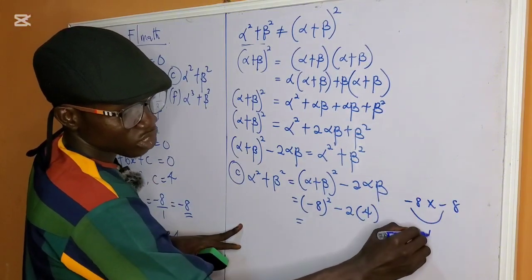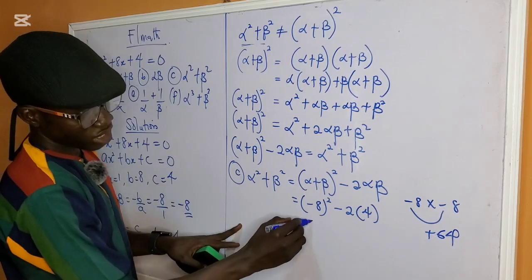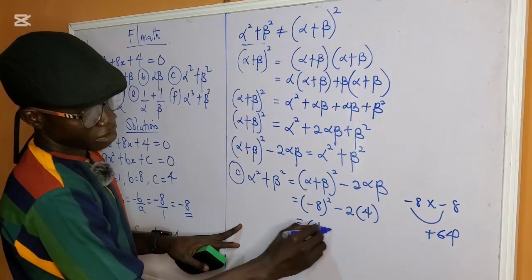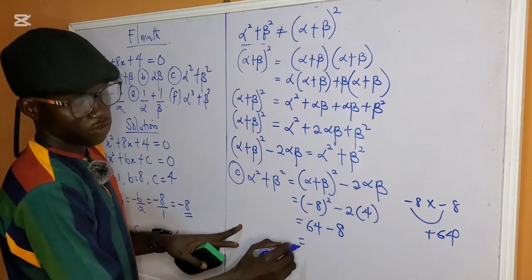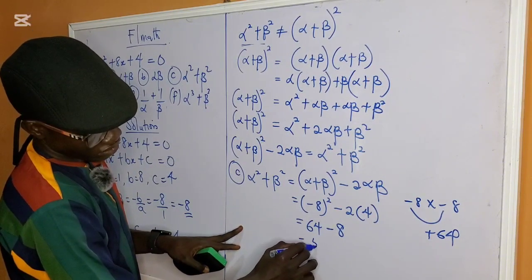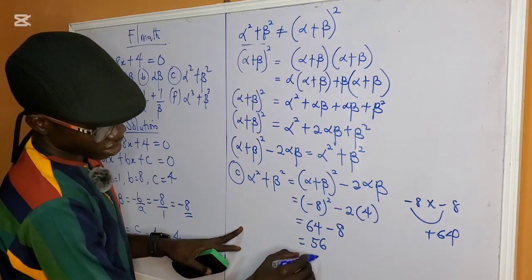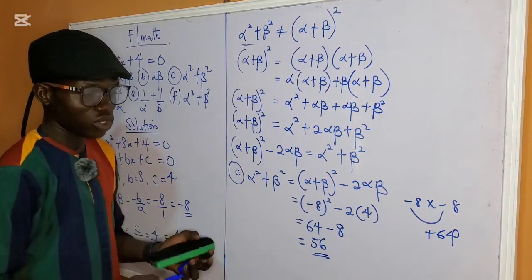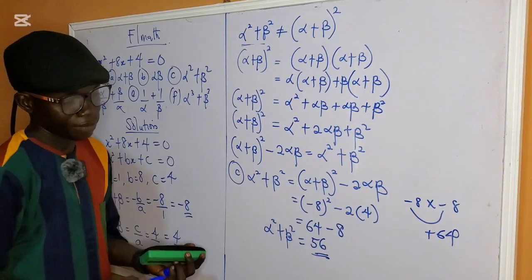Minus and minus give us plus. 8 times 8, 64. Therefore, we have 64 minus 2 times 4, that's 8. 64 minus 8, that should give us 56. So we've gotten alpha squared plus beta squared.